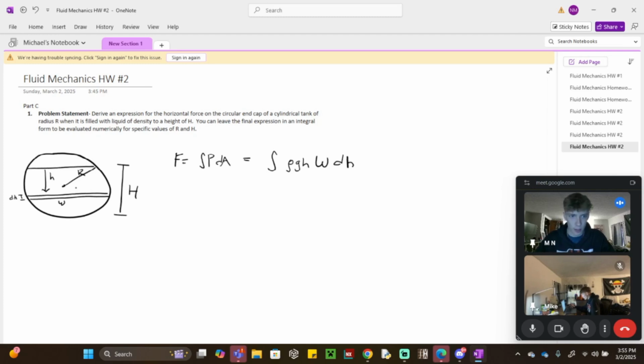And so we're going to think about this in two different integrals. So we're going to have one integral for the top half of our circular end cap, and also another integral for the bottom half. And the reason for this is that we need the width, and the width is going to be from finding two different thetas, two different angles that are different from the top half and the bottom half.